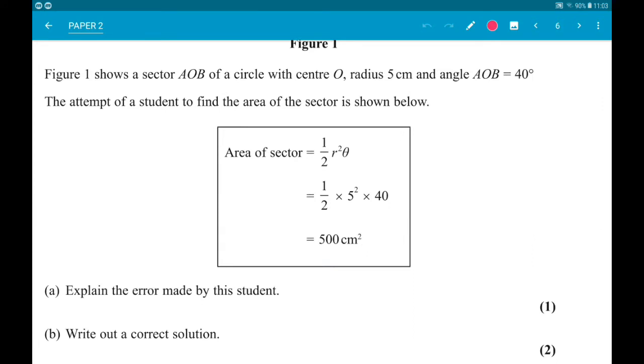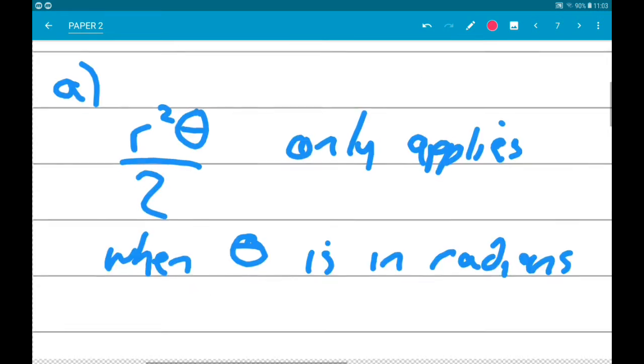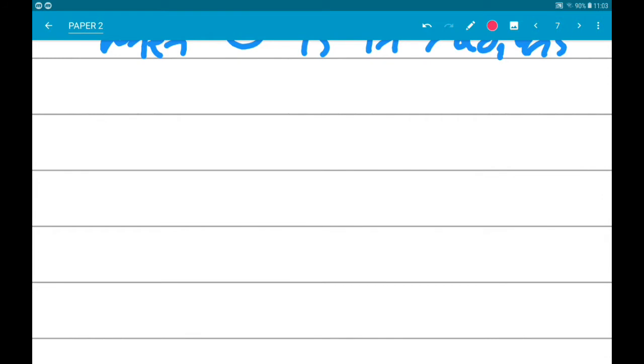B. Write out a correct solution. Alright, so let's turn 40 degrees into radians. So theta is 40 times pi over 180.